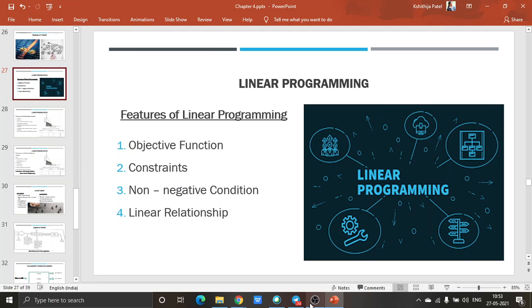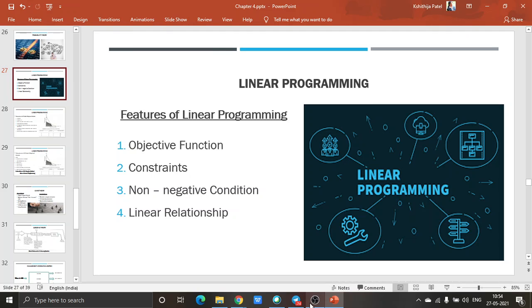And one more feature that can be spoken of is the linear relationship. That is to tell, the various relationships to be expressed either in the form of equation or inequality must be linear. Now the adjective linear is used to describe a proportional relationship between two or more variables.